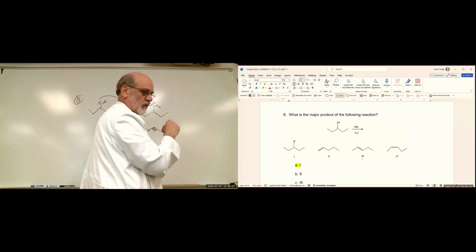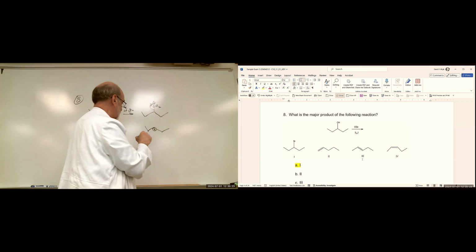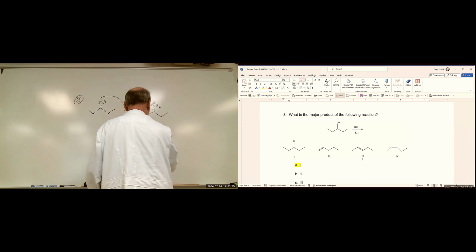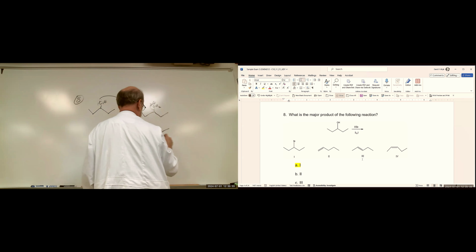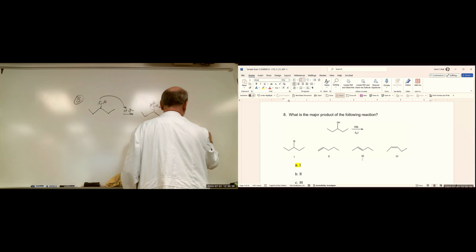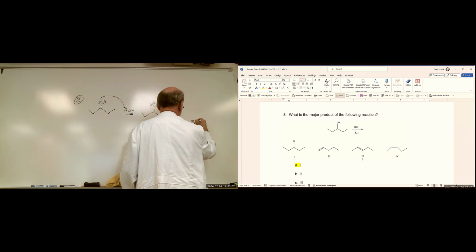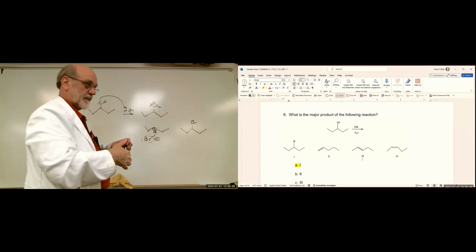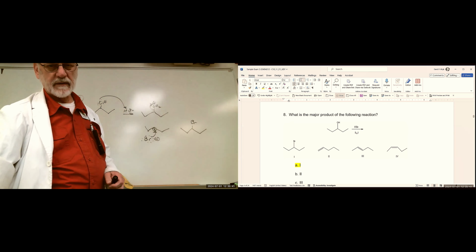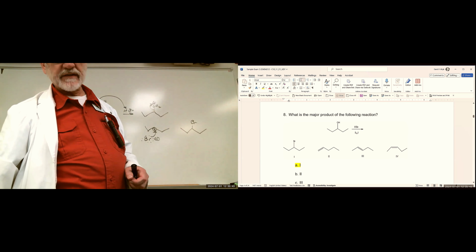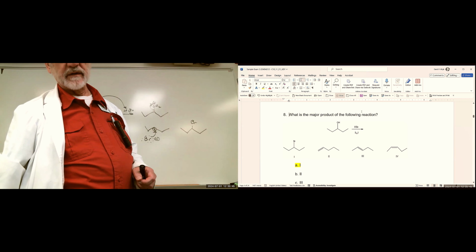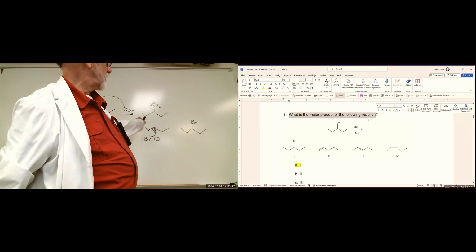So now the SN1 reaction can take place, and the bromine can attack that, and that forms. That one makes sense to me. It's nice that they told us it's an SN1. Otherwise, I wouldn't have known to do that first.